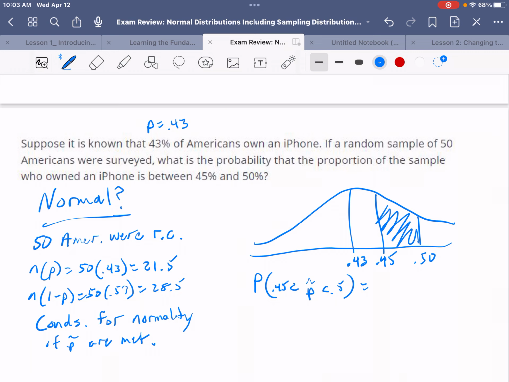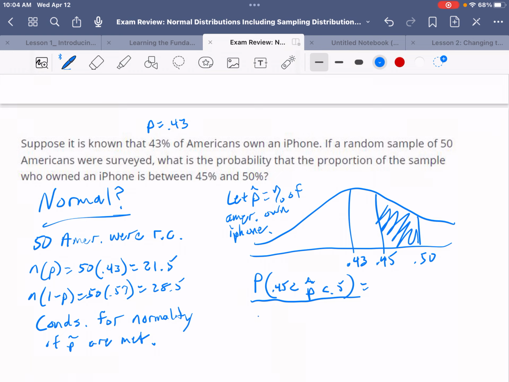Oh, by the way, I need to have defined P hat. Let P hat equal the percentage of Americans who own an iPhone. I can't say this without having first defined P hat.